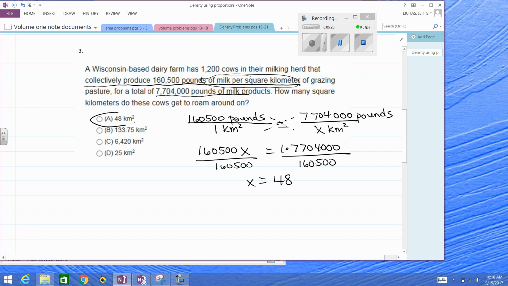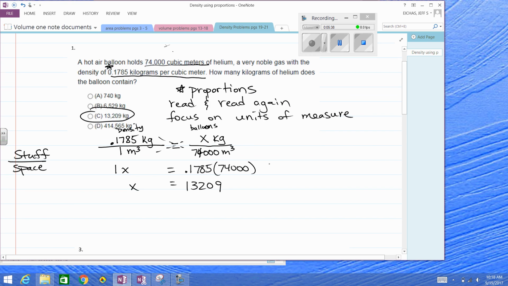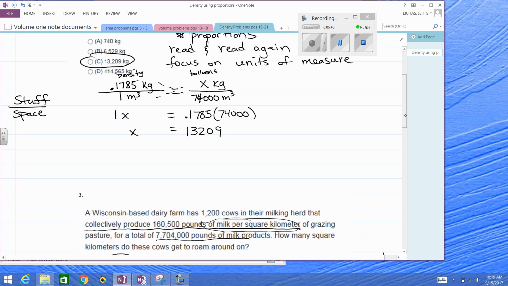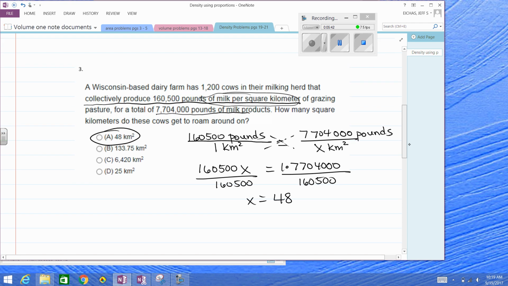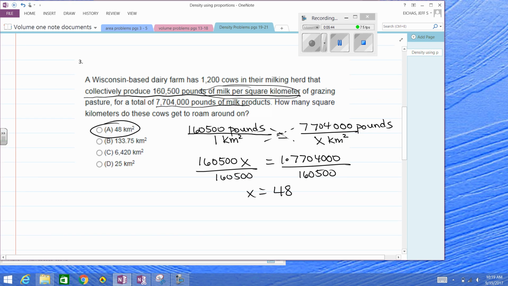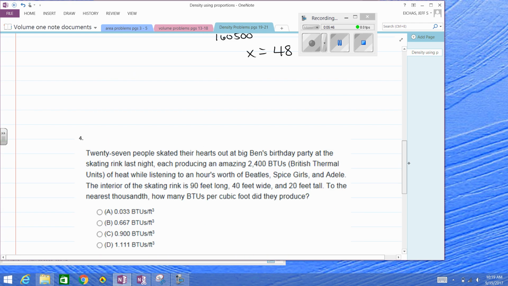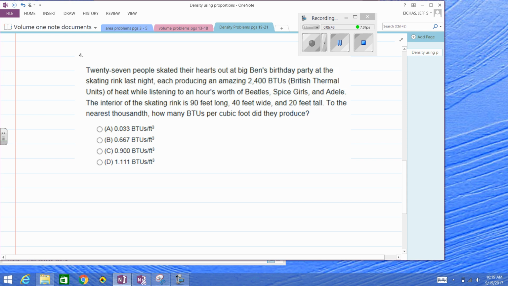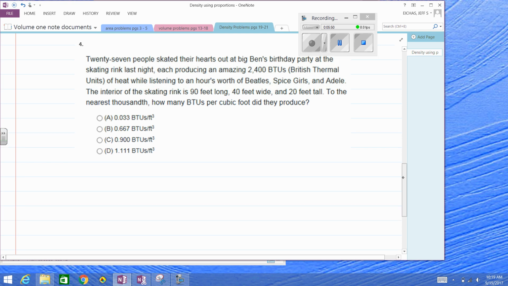So 48 square kilometers. Some of those you probably would have figured out without this kind of proportions. You would have known to divide on this one. You might have known to multiply on that one. But we just try to make sure that there's a process so you're not ever doubting whether to multiply or divide. All right, let's see if we can get one more in before the 10-minute mark here.